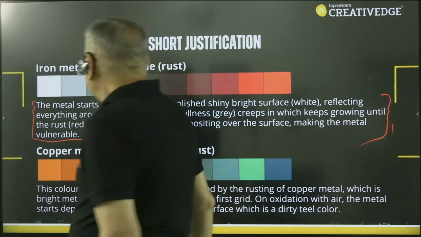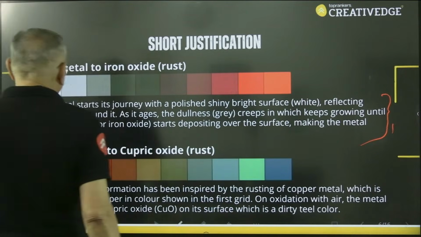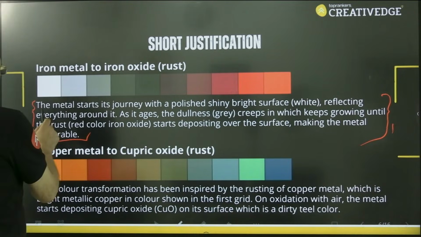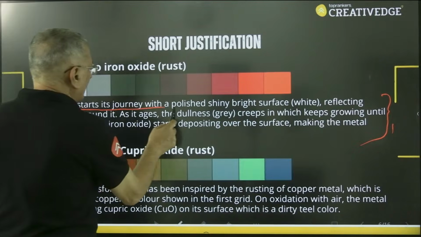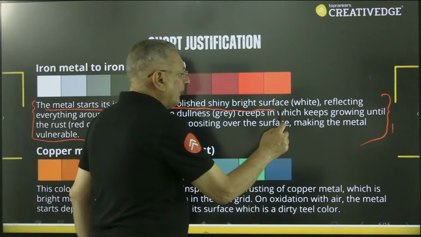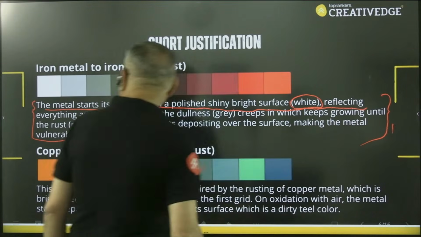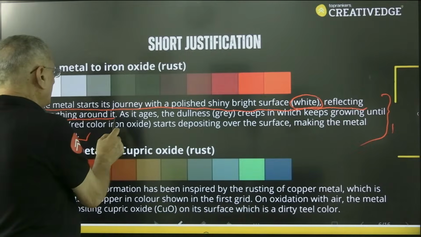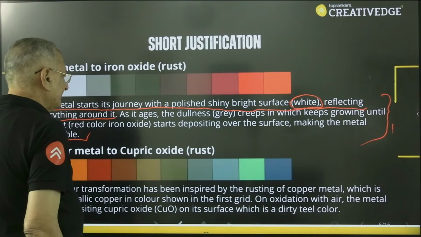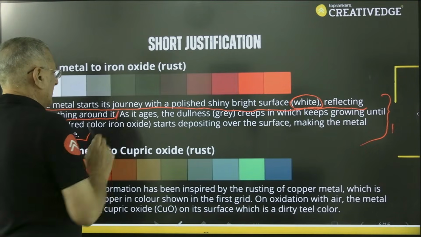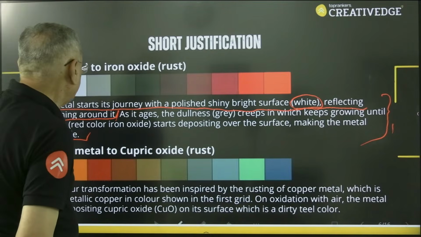For example, in this case of iron oxide, the metal starts its journey with a polished, shiny, bright surface that is white silvery, reflecting everything around it, as if an explanation of a steel is given.